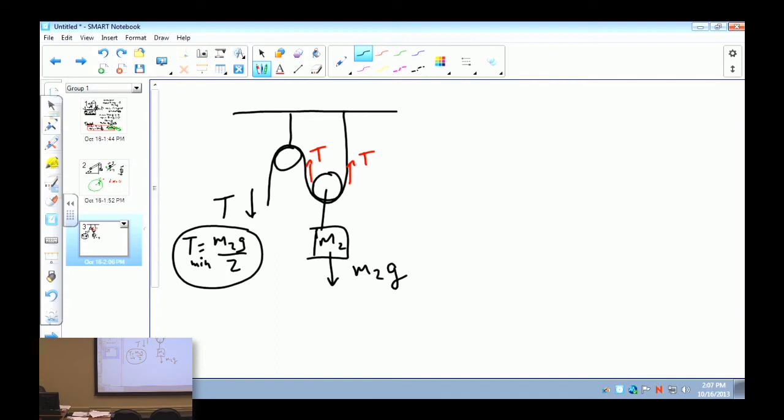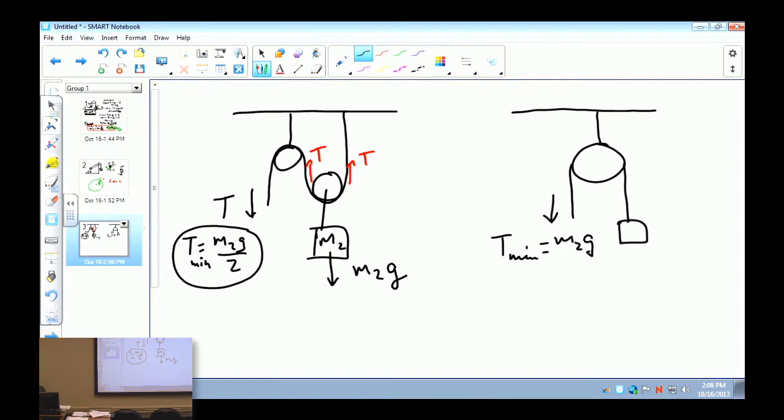Okay, but now if you work out the work done by the agent that's pulling on the rope, how much work is done, and does that change compared to a single pulley? So in this case, this tension must be equal to m2g in order to keep this thing from falling.